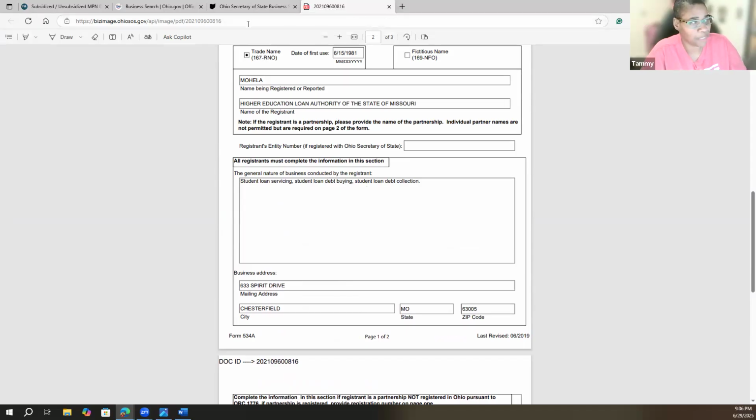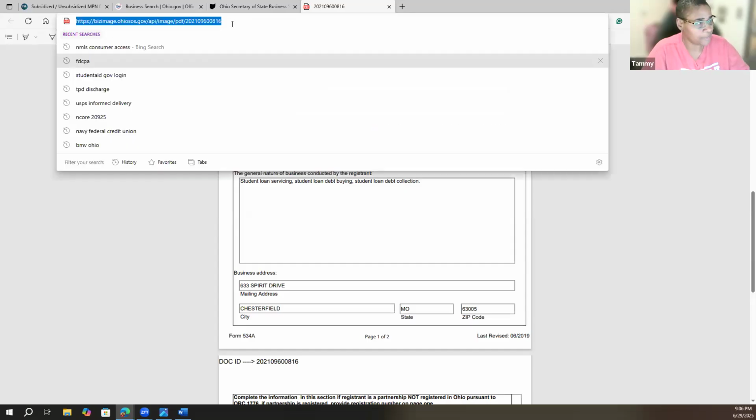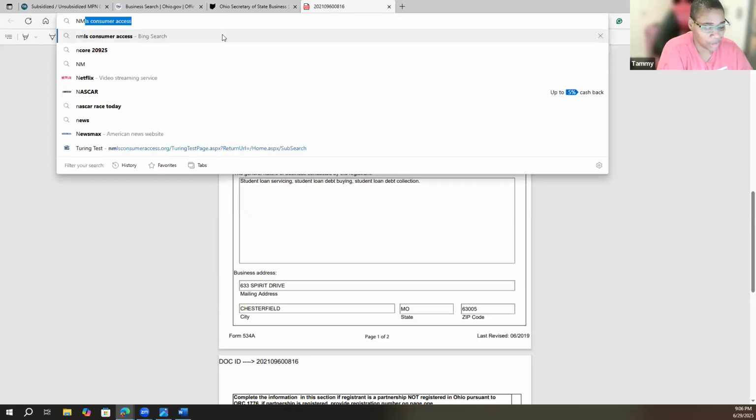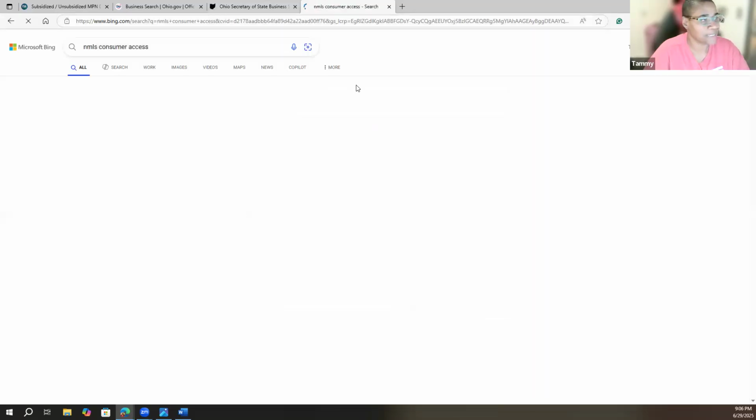Another way that you can file a complaint in Ohio, and every state is different, not every debt collector, depending on your state, has to be licensed or bonded. But if so, another way is to go to NMLS Consumer Access.